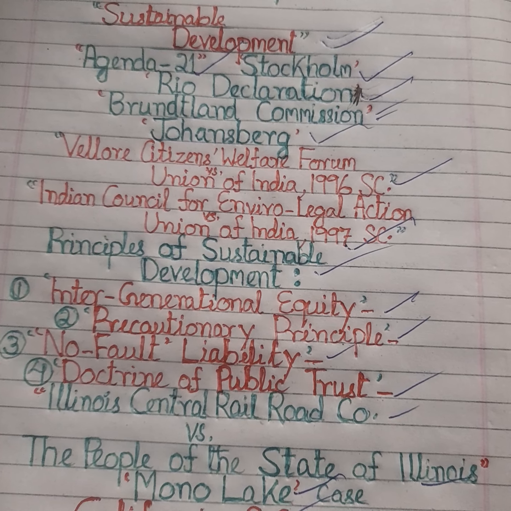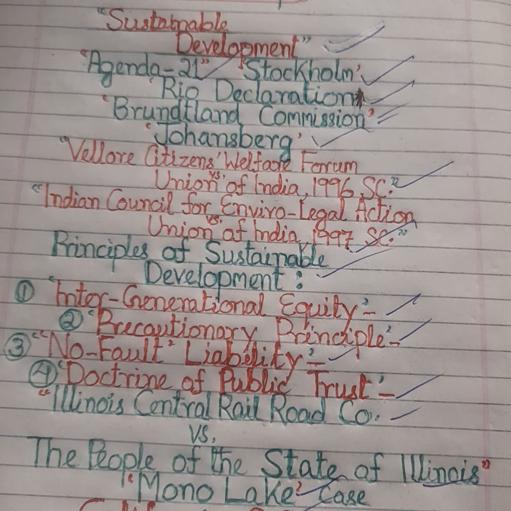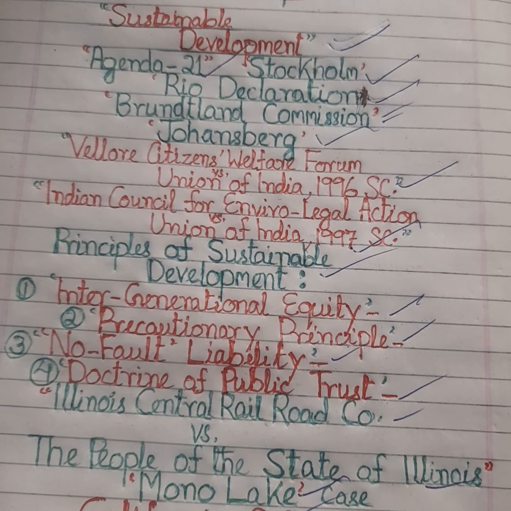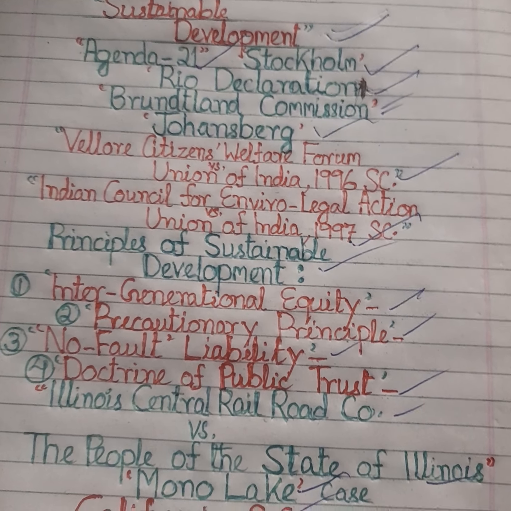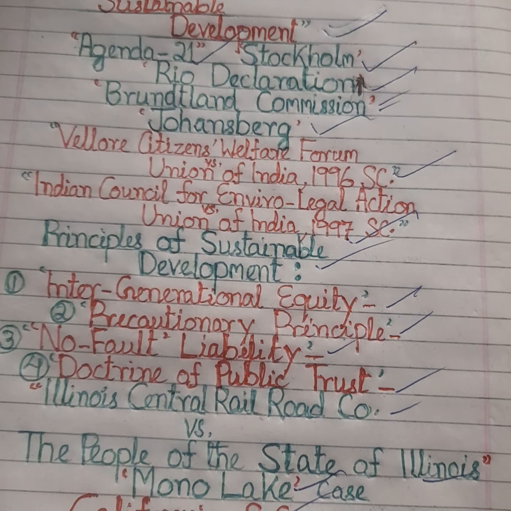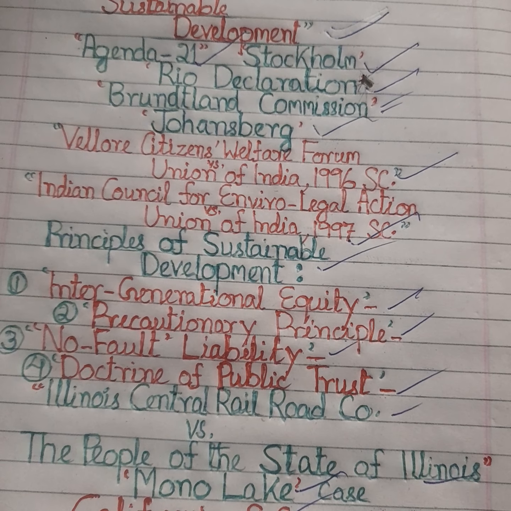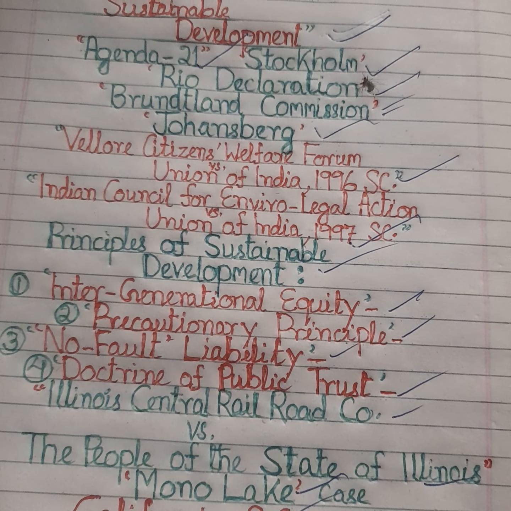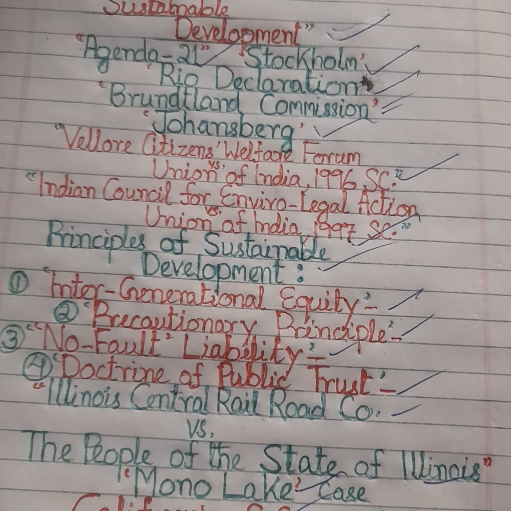The idea of sustainable development was first found indirectly in Principle 6 of the Stockholm Conference of 1972.